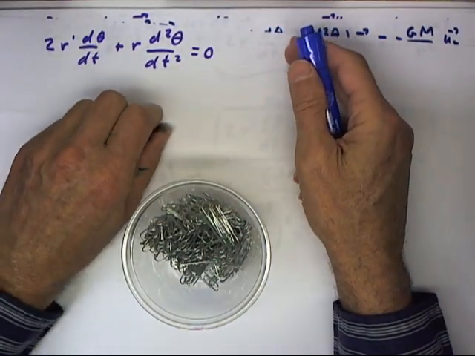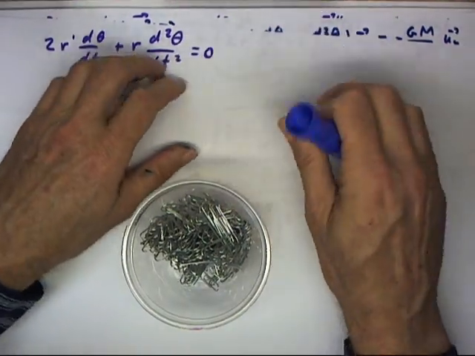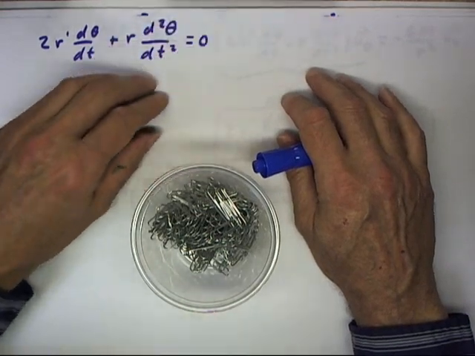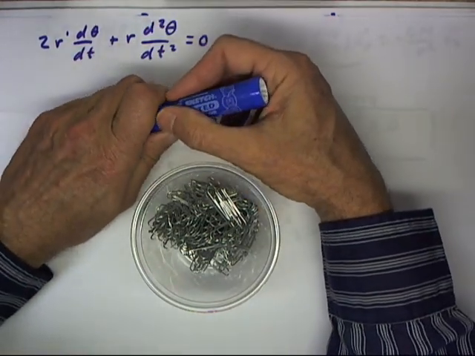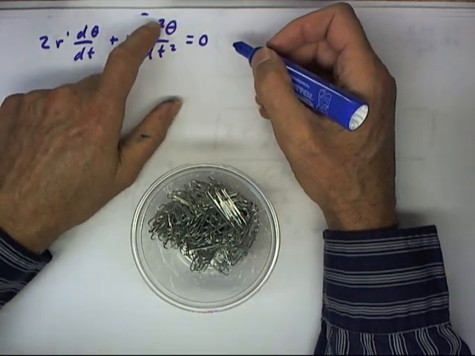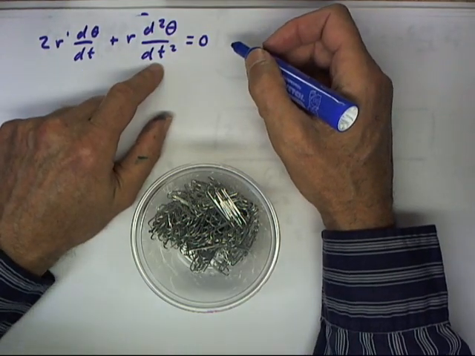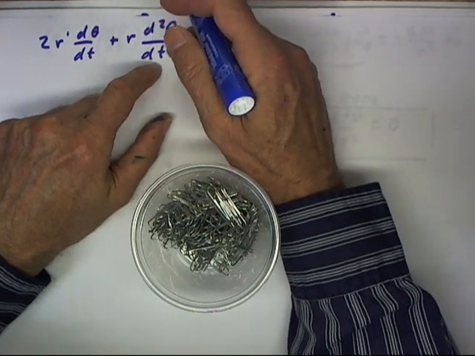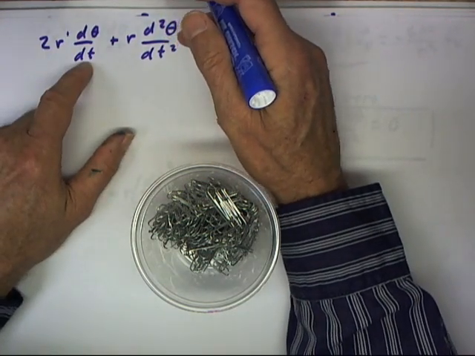This equation involves d theta dt and the second derivative of theta with respect to t. This is the derivative of this.